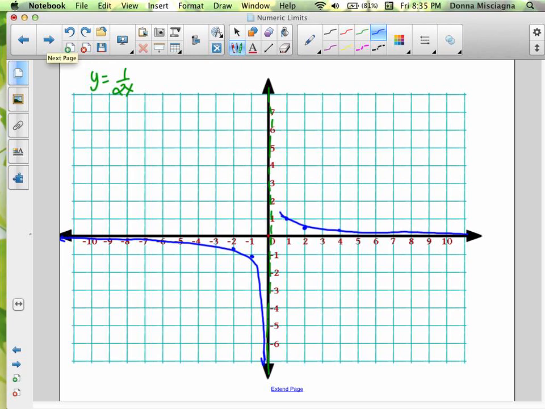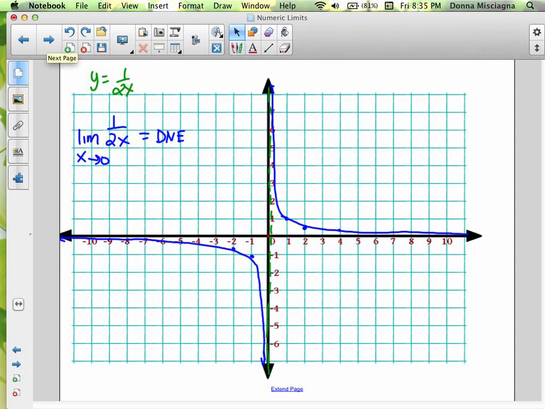But as x approaches 0, these are going to keep getting larger and larger as that gets closer and closer to the asymptote. So here, the limit of 1 divided by 2x as x approaches 0 does not exist, and neither do the left and the right-hand limits. We're not approaching some value, we're just increasing and decreasing without bounds.